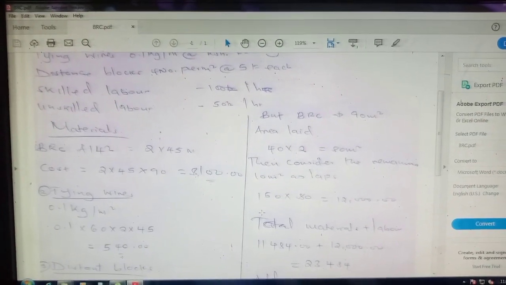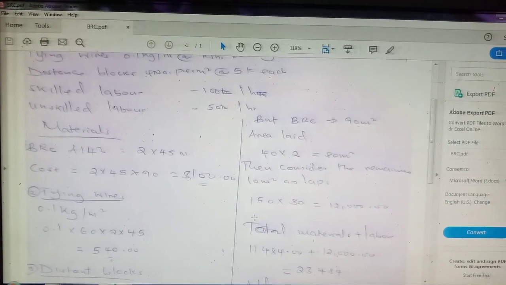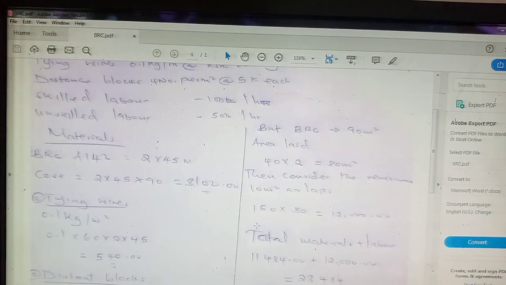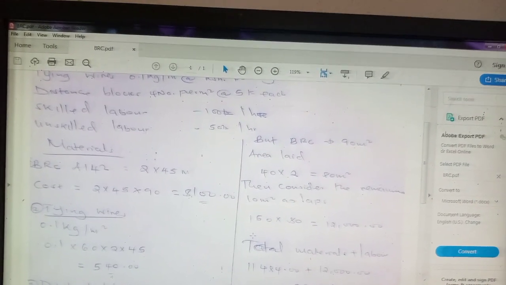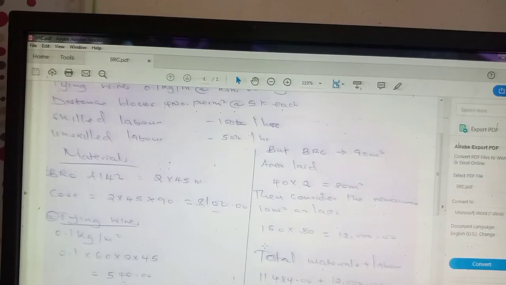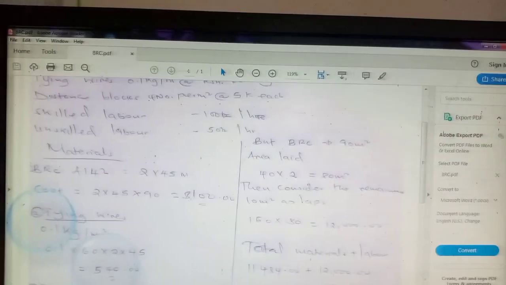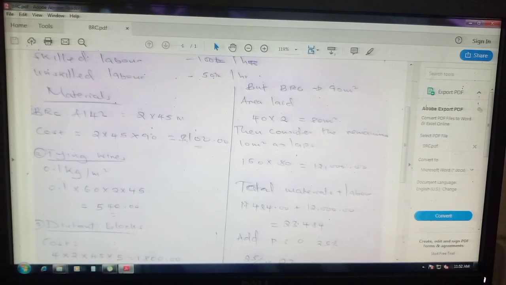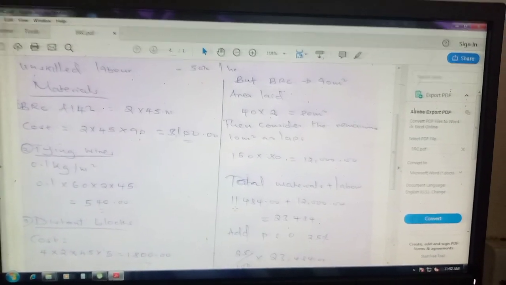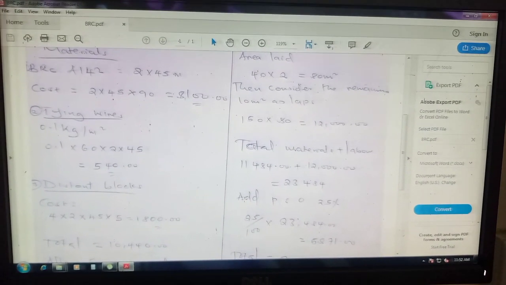So you are allowed to cost for something which is below but close to the area that we are to work on. Then the 10 meter square which is remaining, you consider it under side laps and the end laps. So to get the value for labor, you'll take 150, which is for skilled and the unskilled, then you multiply by 80 square meters, you will get 12,000. So that is the amount for labor.